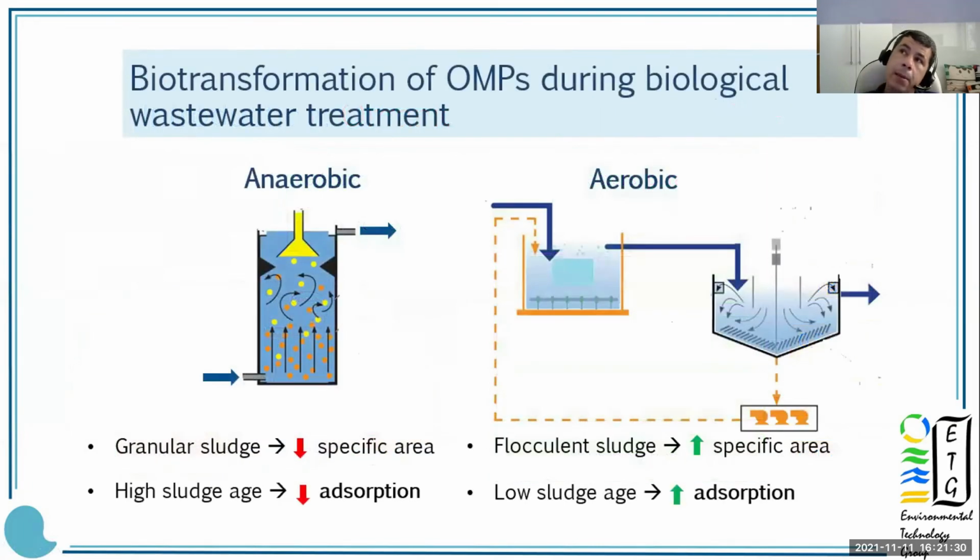Okay, so before we started this research, what did we know? We knew that the traditional anaerobic process was not efficient at micropollutant removal. For most micropollutants, because of the low specific area, the adsorption is lower compared to the activated sludge process, and some co-metabolic processes involved in micropollutant removal were not occurring under anaerobic conditions.